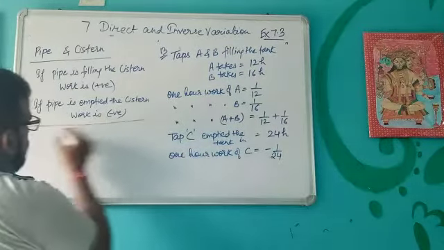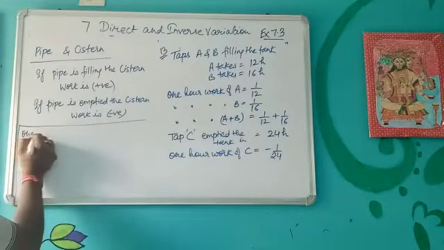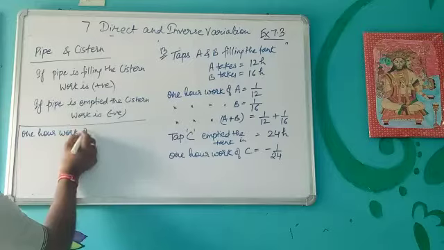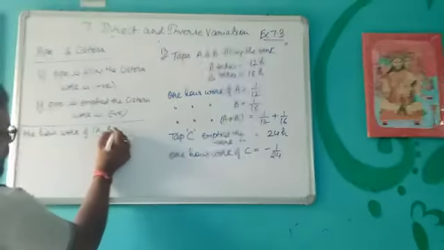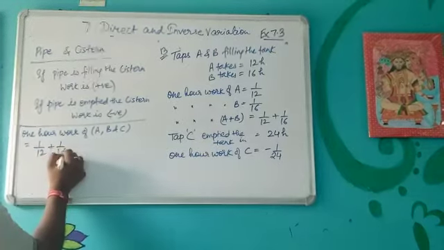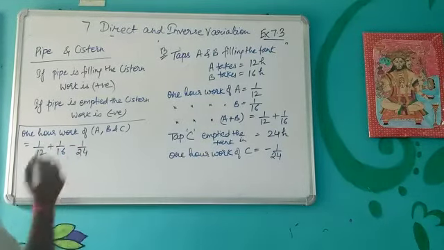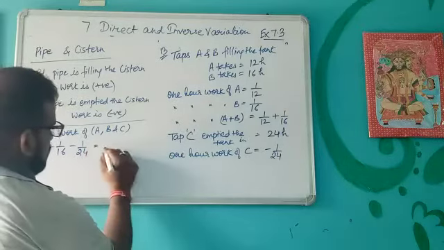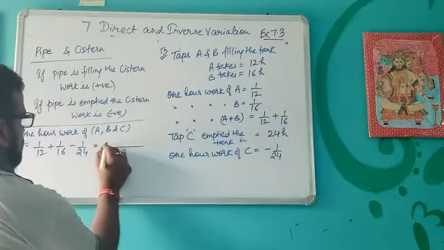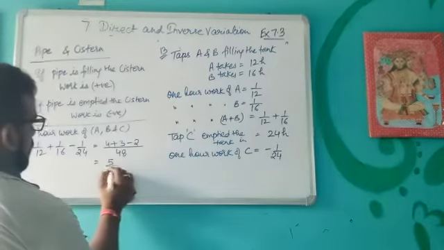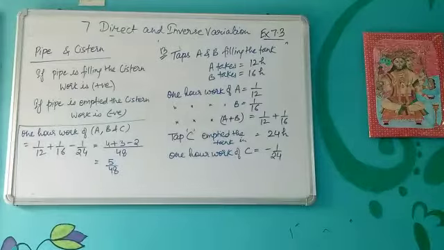Now next what we have to calculate: when all the three are open, the work of A, B and C will be 1 upon 12 plus 1 upon 16 minus 1 upon 24. Okay, next we will take the LCM. 48 will be the LCM. 4 plus 3 minus 2, that is 5 upon 48. This much of the tank will be filled in 1 hour.